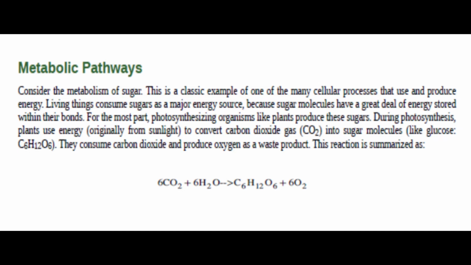For the most part, photosynthesizing organisms like plants produce these sugars. During photosynthesis, plants use energy, originally from sunlight, to convert carbon dioxide gas, CO2, into sugar molecules like glucose, C6H12O6. They consume carbon dioxide and produce oxygen as a waste product.